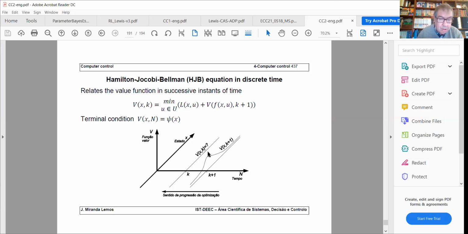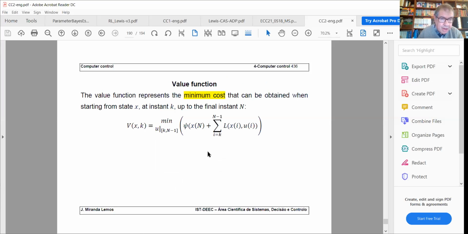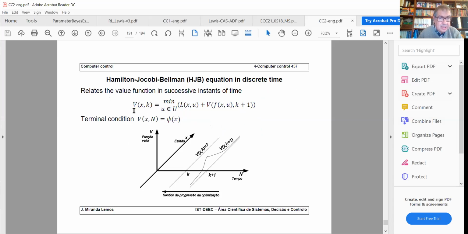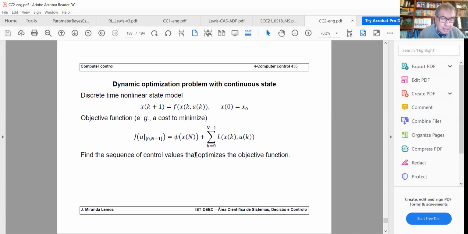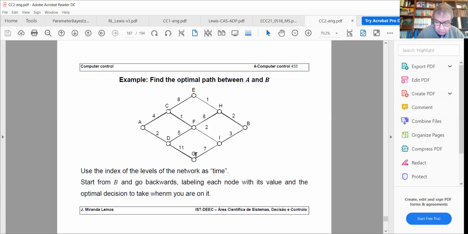You should be able to understand this idea of defining the value function as the minimum function to go from any state x from k up to the final term, that it is related by this HJB equation, okay, and then the application to the linear quadratic problem. I can do problems about this, and of course there are some examples like this one with the networks.